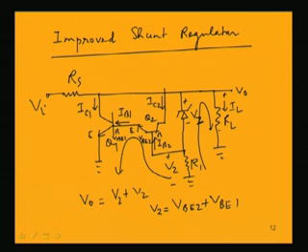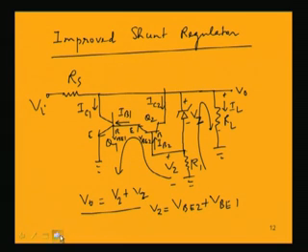So what will happen now if V0 changes? For example, we are assuming V0 is increasing. So V0 is increasing means the voltage available across R1 is increasing, because V0 is equal to Vz plus V2, but Vz is constant, it is a Zener breakdown voltage. So if V0 increases, then the effect is that V2 also increases, having this Vz as constant.